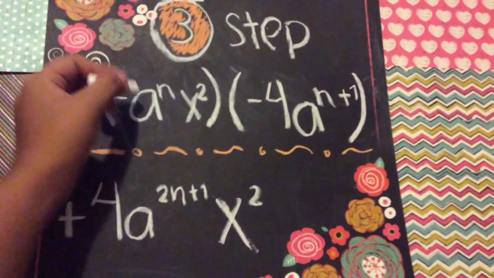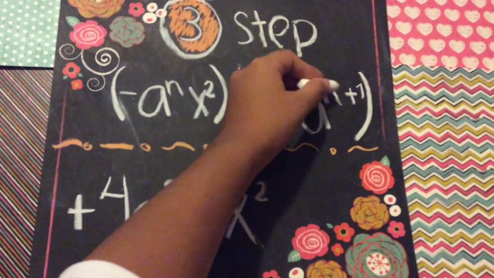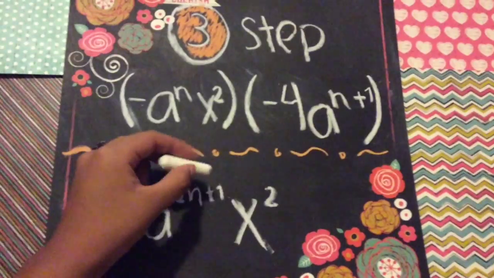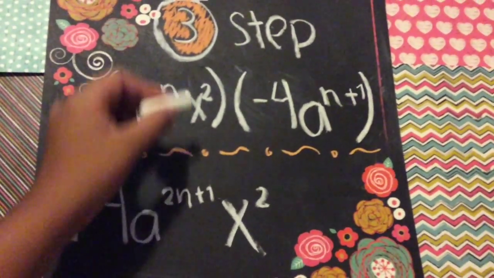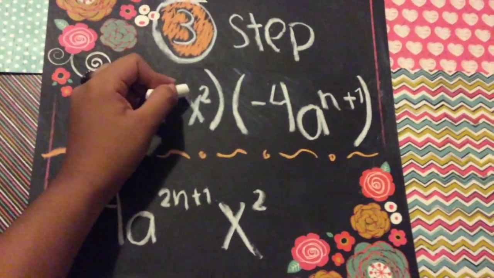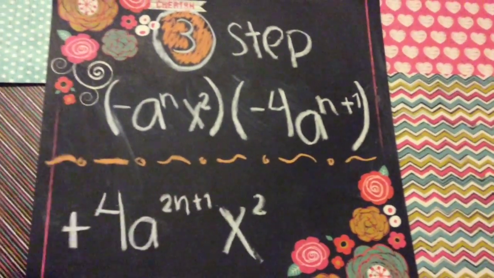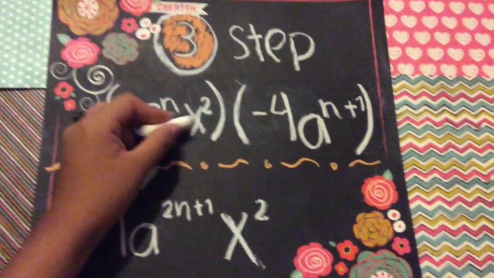In the a we have 1n and 1n, so it's going to be 2n plus 1, that is this one. And we are going to add x here, because we don't have it here, so it's going to be the same.